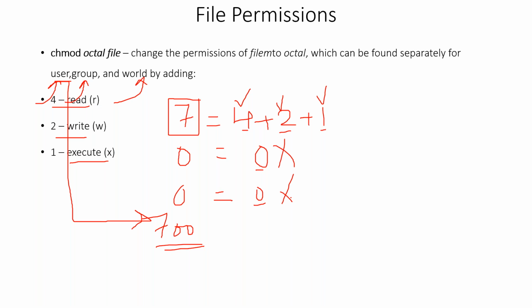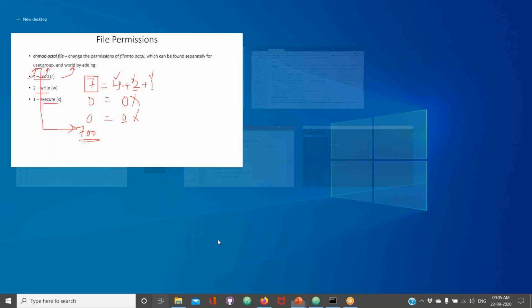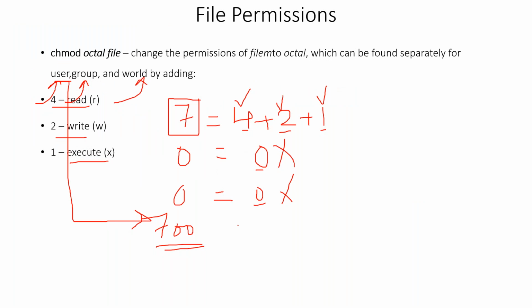So what is the least permission that you can give for a user following this pattern? Let's first explore it. Read. Can I say 400? 400 is read, no write, no execution for the user, outside world, and group.